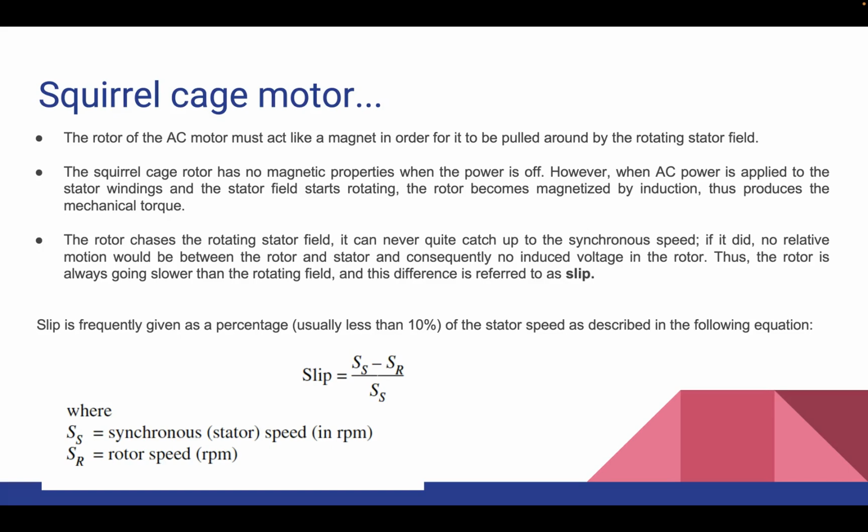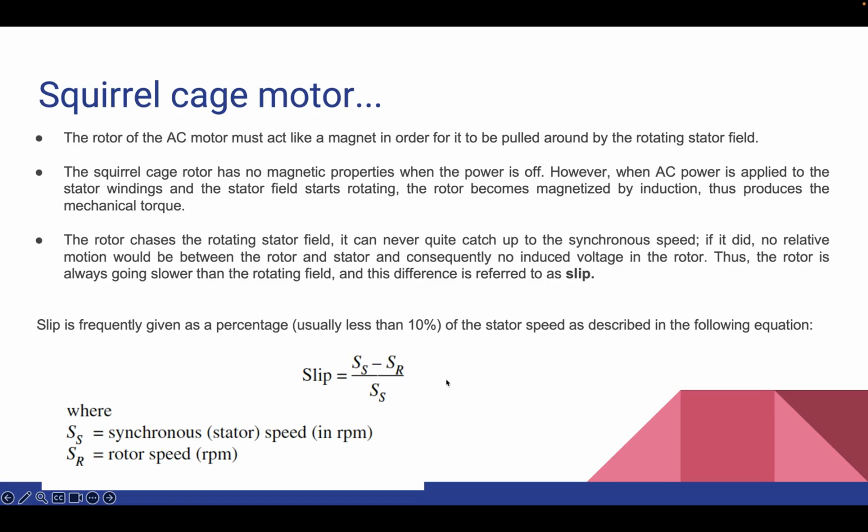Slip is typically expressed as a percentage of synchronous speed, SS, that you see, and this is the rotor speed, SR. So it is the difference between them, divided by the synchronous speed and multiplied by 100.